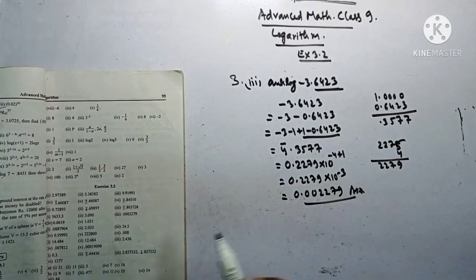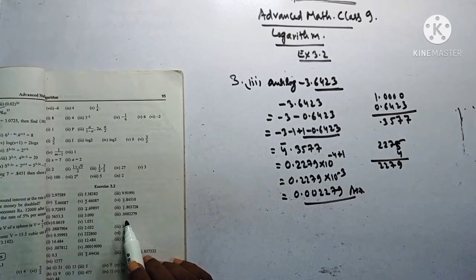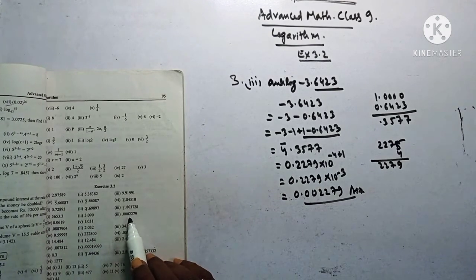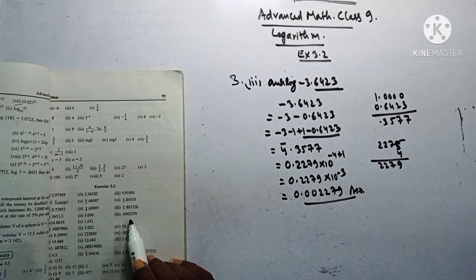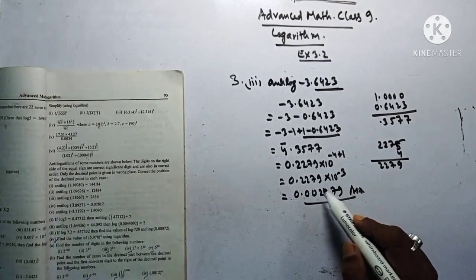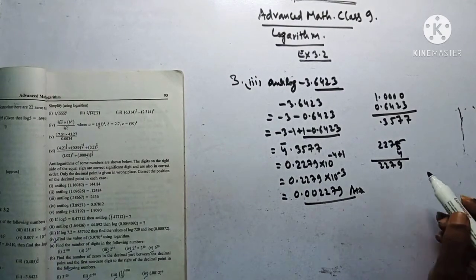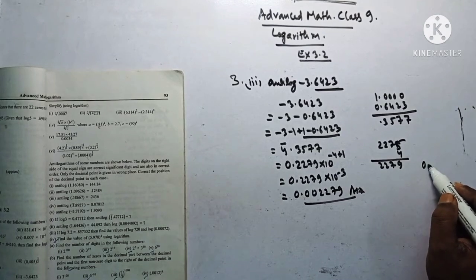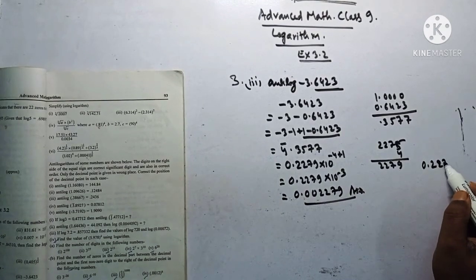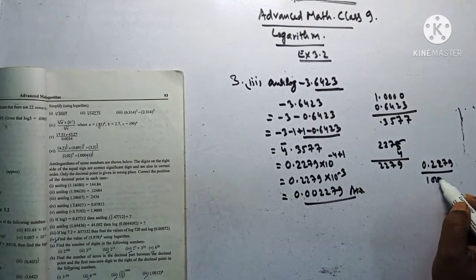This must be here, there is a mistake because it can't be 3 minus 3, that means 1 minute, 0.2 minus 3, that means 0.2279 divided by 1000.